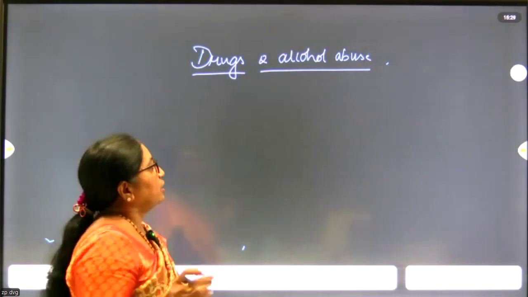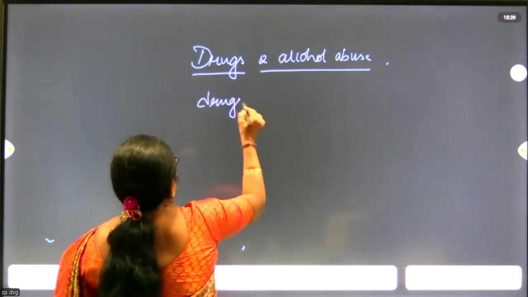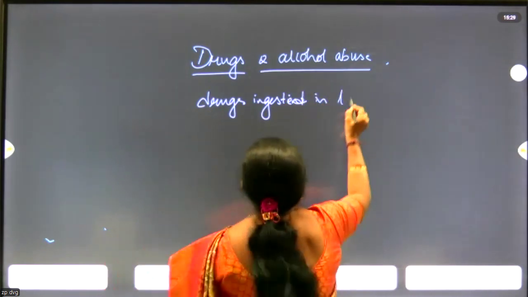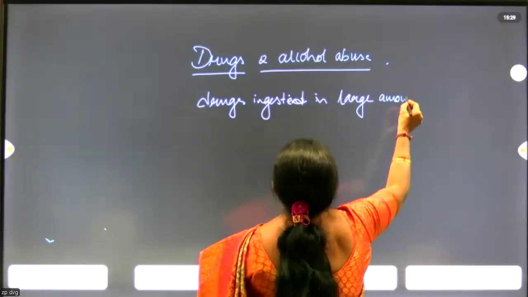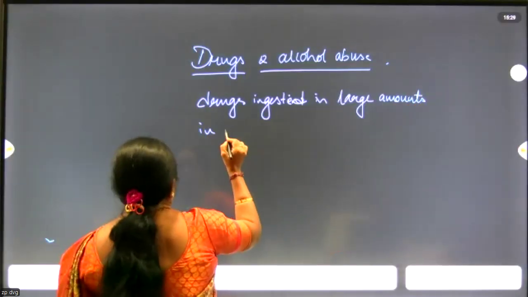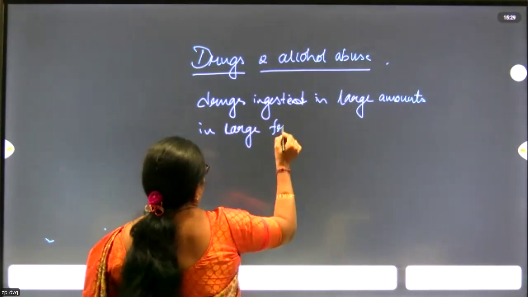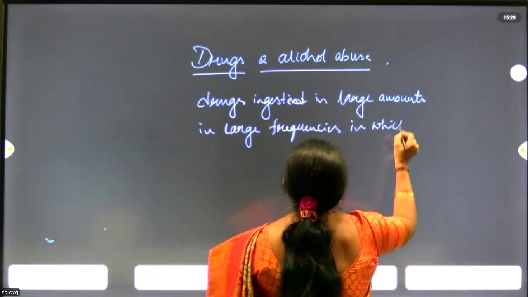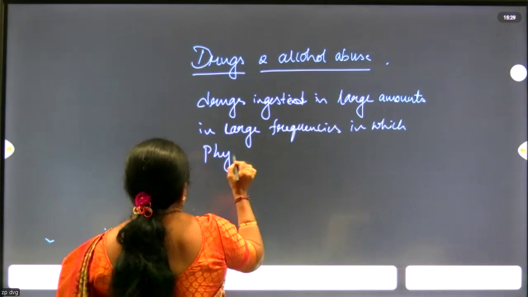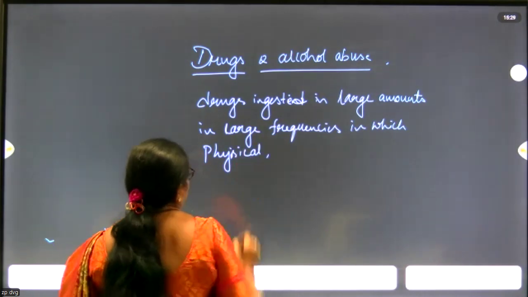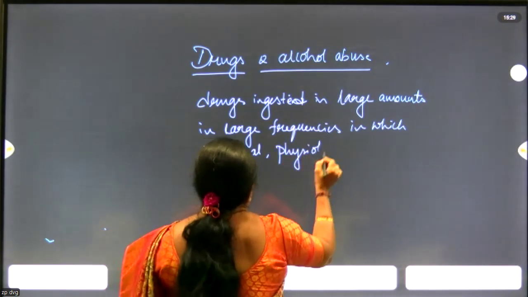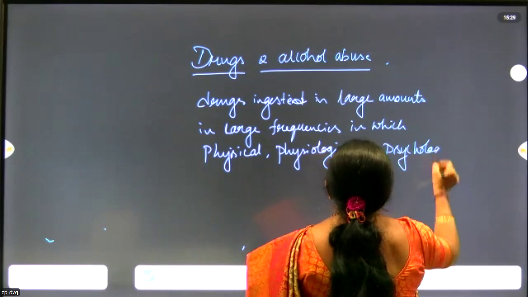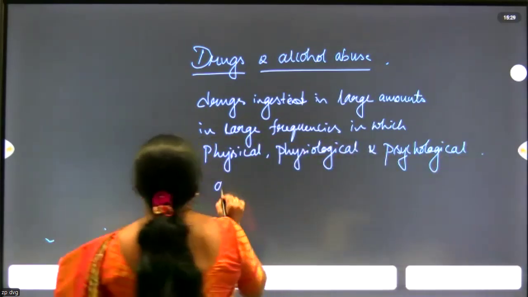So drug abuse is when drugs are ingested in large amounts, in large frequencies, in which the physical, physiological, and psychological functions of the body are adversely affected.